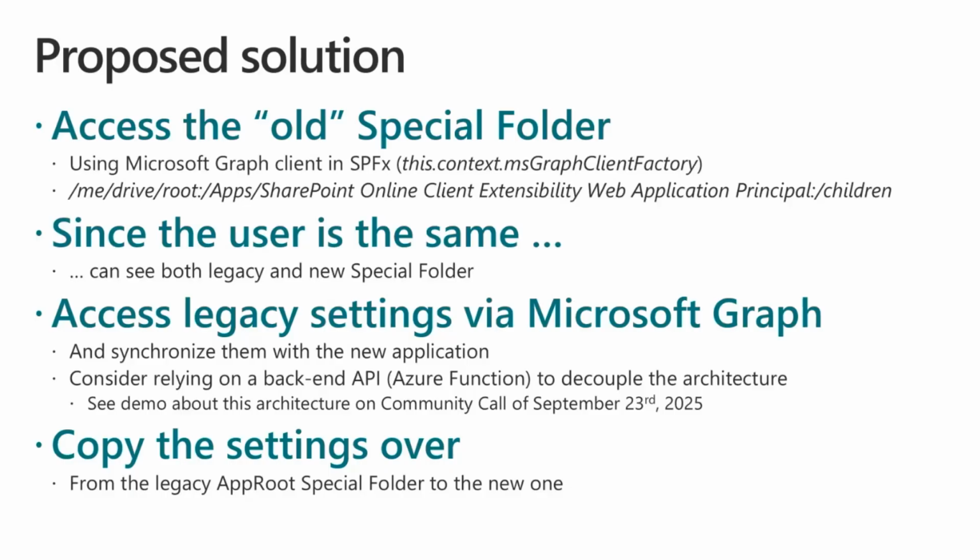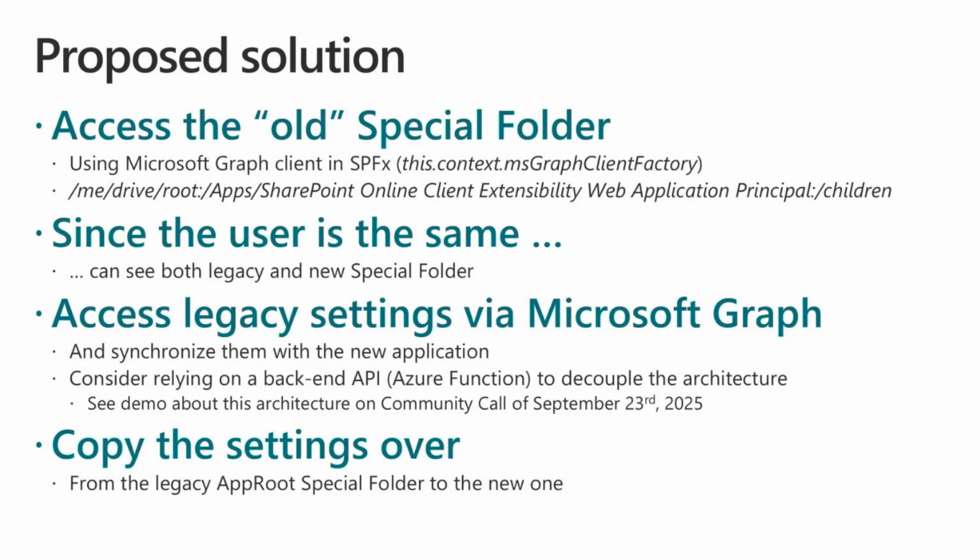In order to do that, you can easily rely on the Microsoft Graph client that we have in SharePoint Framework. And since I told you that the app root special folder is a folder which is bound to a specific user and application, the user can always see that specific folder.